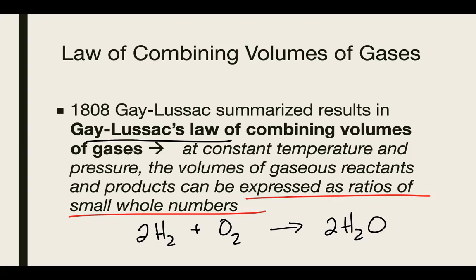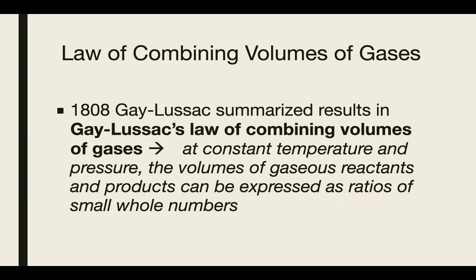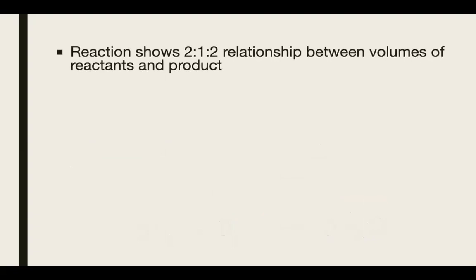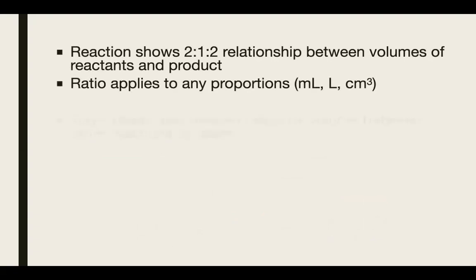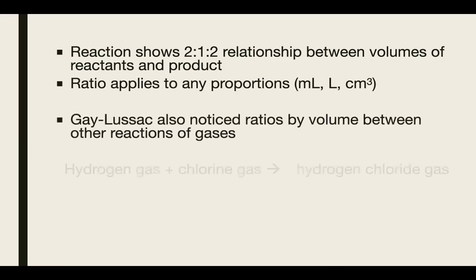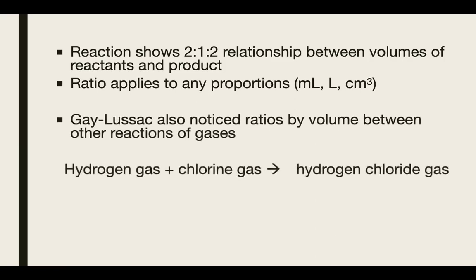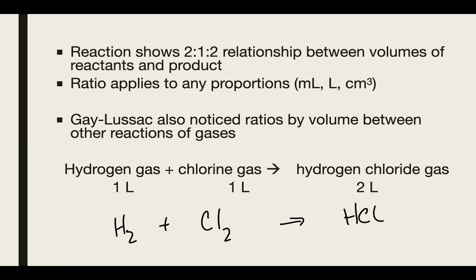That was demonstrated by his experiments. When we look at an equation like hydrogen and chlorine forming hydrogen chloride, we have 1 to 1 to 2. If I were to write out that equation, hydrogen gas plus chlorine gas yields hydrogen chloride gas, and I asked you to balance it, hydrogen would be 1, chlorine would be 1, and this would be 2.